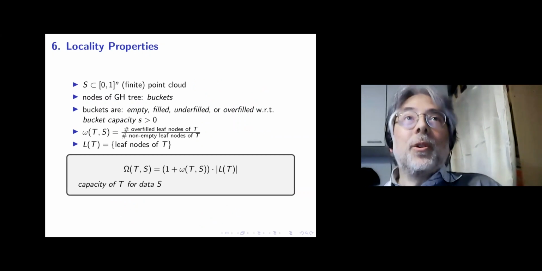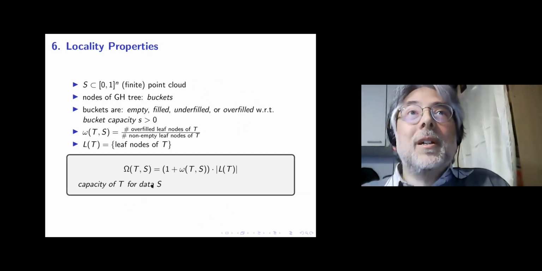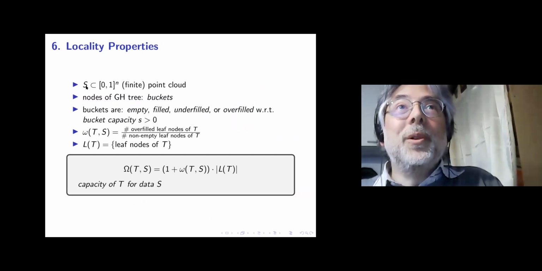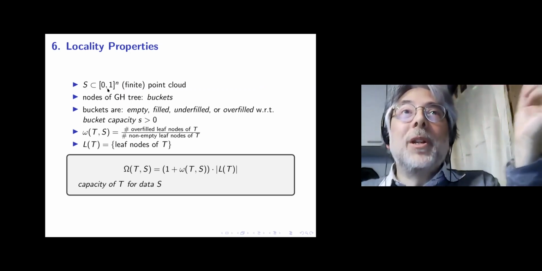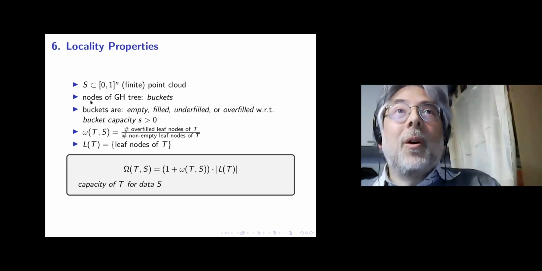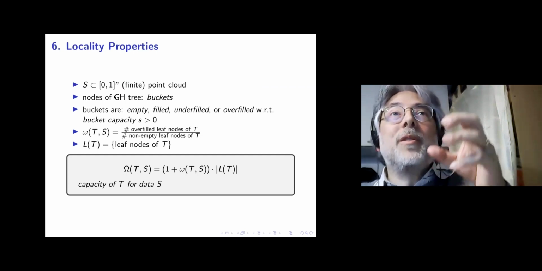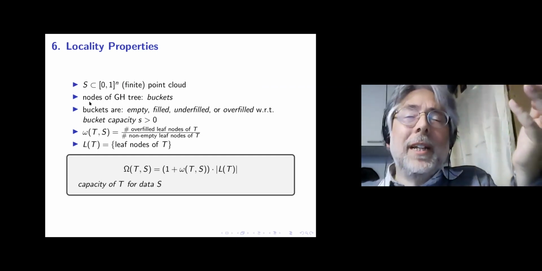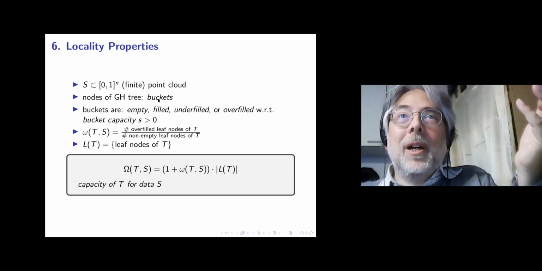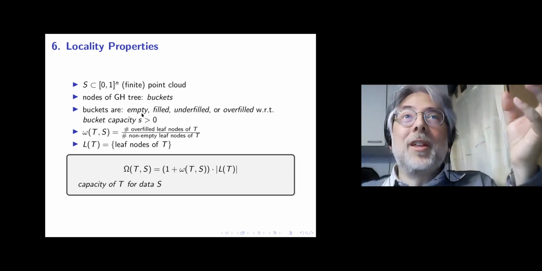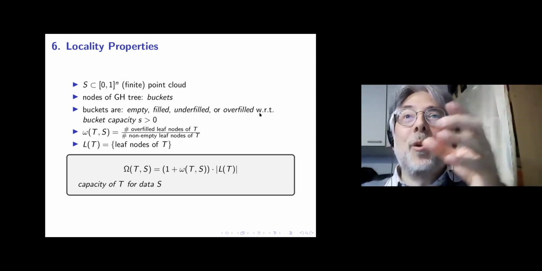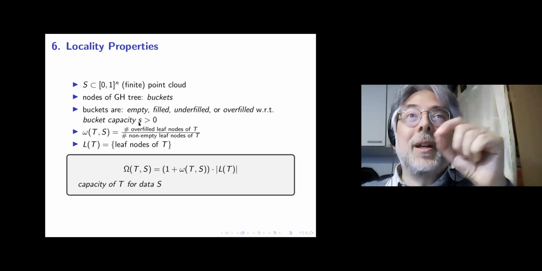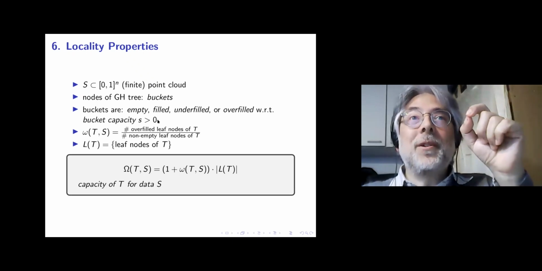And in order to look at locality properties from a more theoretical point of view, we have a finite point cloud in the n-dimensional hypercube, and we consider the nodes of the Gray Hilbert tree, particularly the leaf nodes of the Gray Hilbert tree, as buckets, which can either be empty, filled, underfilled, or overfilled. Underfilled or overfilled is with respect to some bucket capacity, s greater than 0.